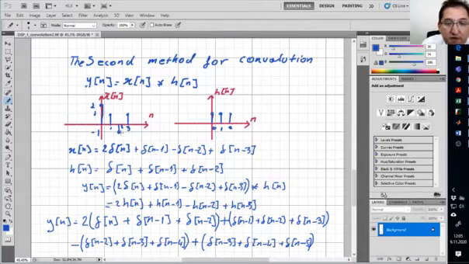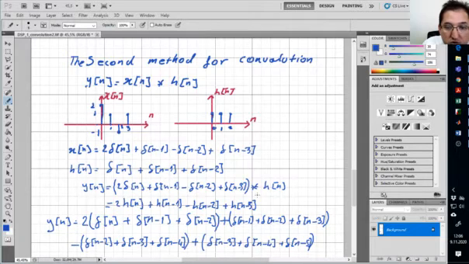Let's convolve these two. We write x[n] in the formula. As you can see here, this part is whole x[n], convolved by h[n]. Let's convolve h[n] by delta[n]. Here we have 4 delta functions in the parentheses.